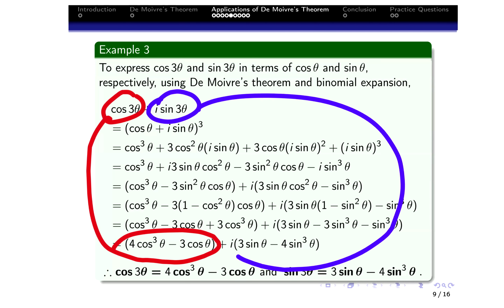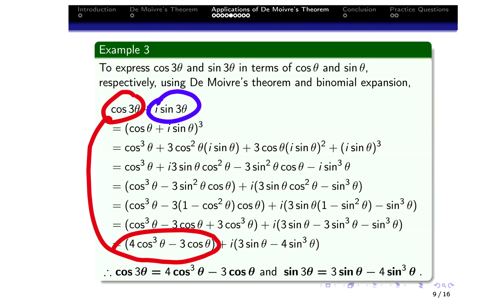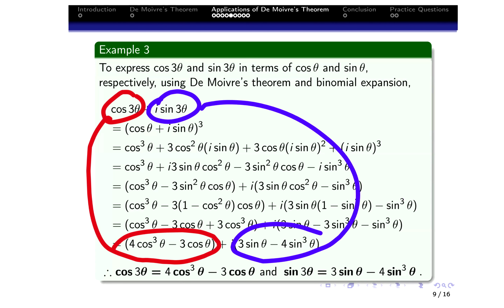So it means that cos 3 theta is equal to 4 cos cube theta minus 3 cos theta, and then you have sin 3 theta equals 3 sin theta minus 4 sin cube theta. So you can use De Moivre's theorem to simplify trigonometric expressions.